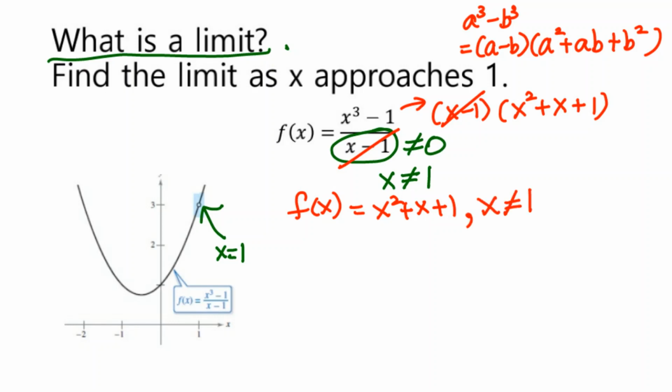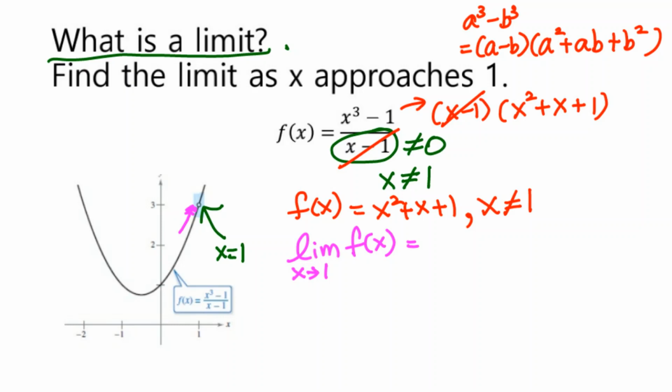Let's find the limit. So limit, this is a notation. LIM, x is getting closer and closer and closer to 1. Limit of the function means when x is getting closer to 1, what would the y value be? That's what it means. Okay, so let me write this down here.